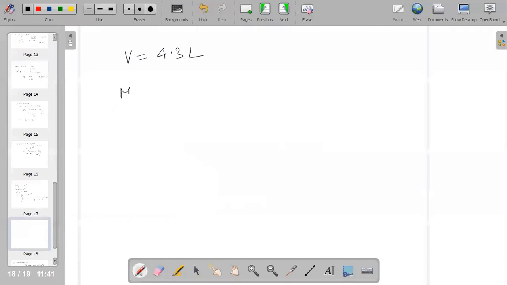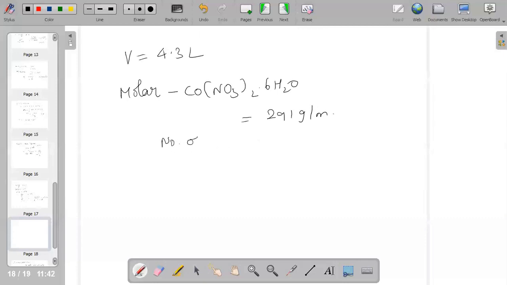And if I calculate the molar mass of the given compound, that is Co(NO3)2·6H2O, you will get around 291 gram per mole. Hence the number of moles of the solute is 60 divided by 291, which you will get as 0.206 moles.